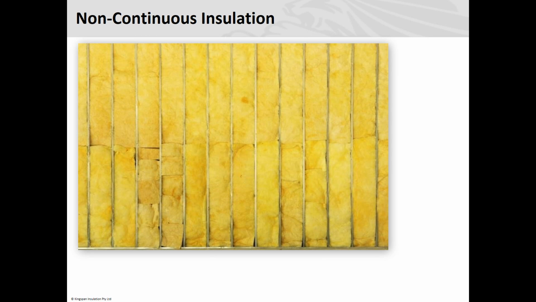They might just write on the plans R2.5 in the walls or R4 in the roof. They haven't selected what type of insulation, so then it's up to the builder to make that choice. Normally the builder gets it and they do what they want with it. They build it relatively to code, but they'll just get an R2.5 bat.